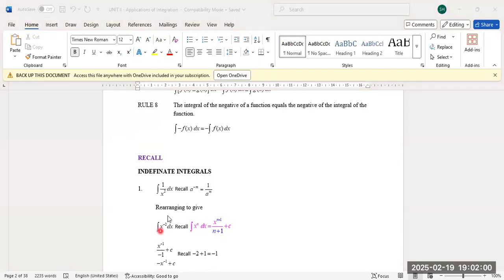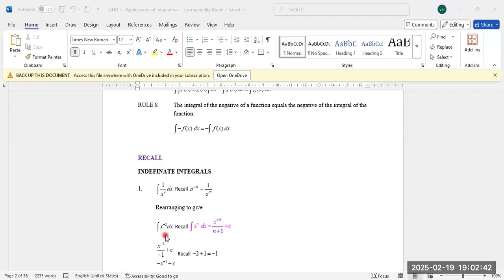I'm integrating 1 over x squared, so I'm rewriting the function, recalling that 1 over a to the positive m is equal to a to the negative m. Once I factor out the 4, I have a 1 in the numerator, and I take everything into the numerator. So this becomes x to the negative 2.